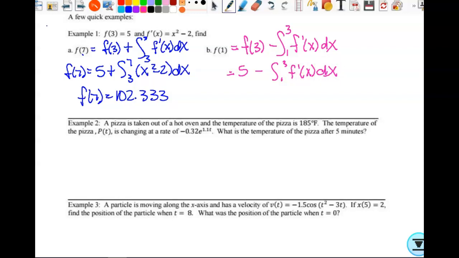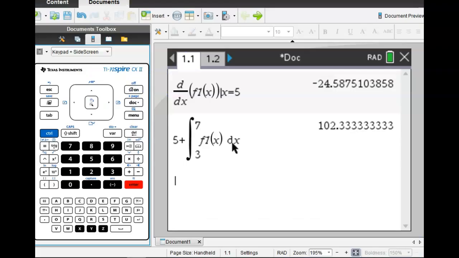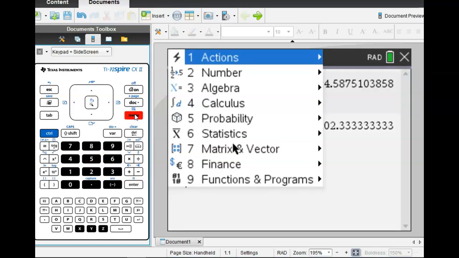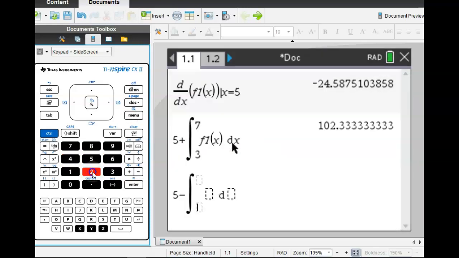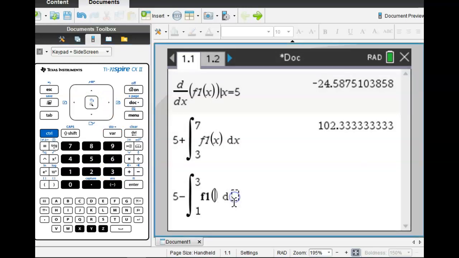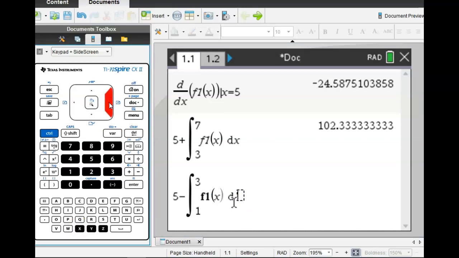So now we can go back over here, and I'm going to do 5 minus menu. I want to do calculus. I'm going to do an integral. I'm going from 1 to 3 of f1 of x dx.